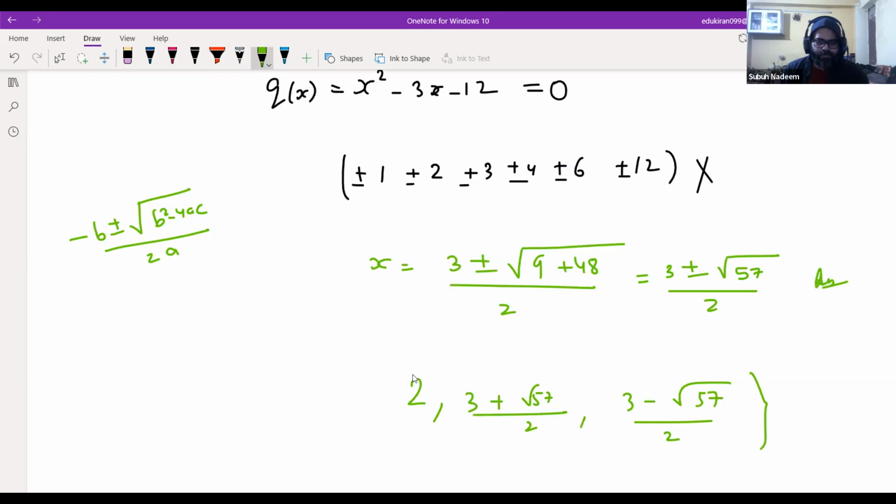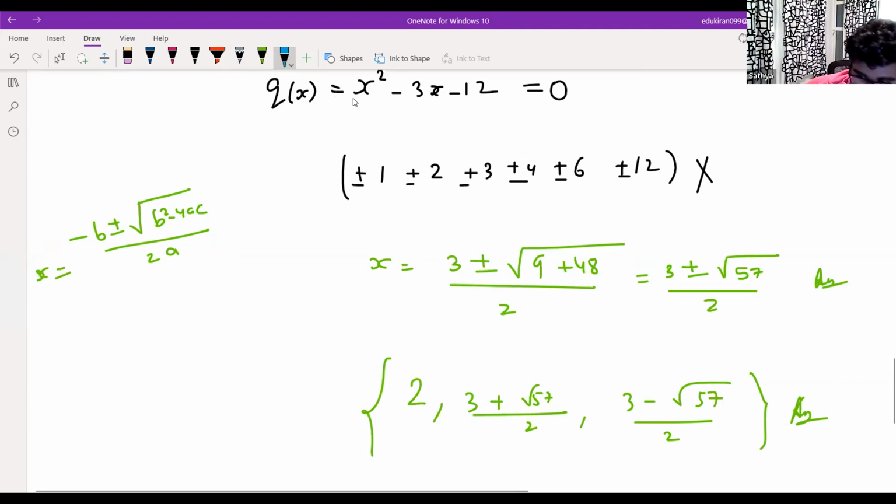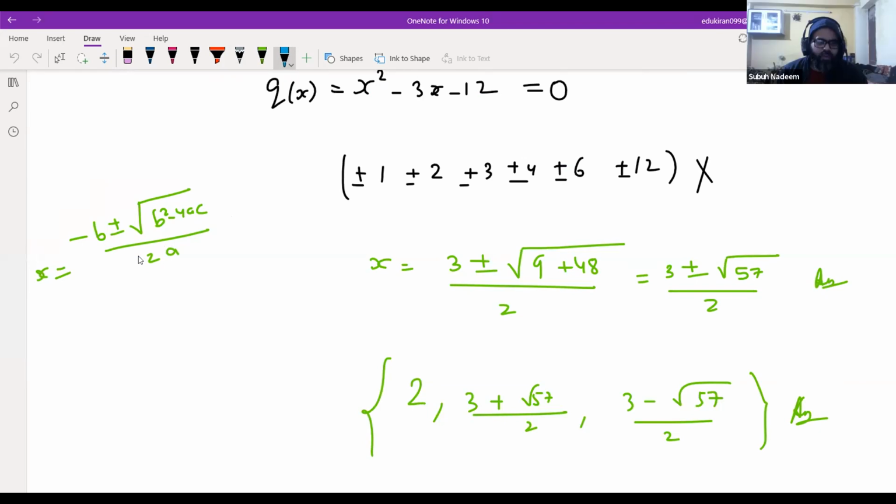Just check. So isn't it b square minus 4ac? The value of x is this for ax square, which is called the discriminant.